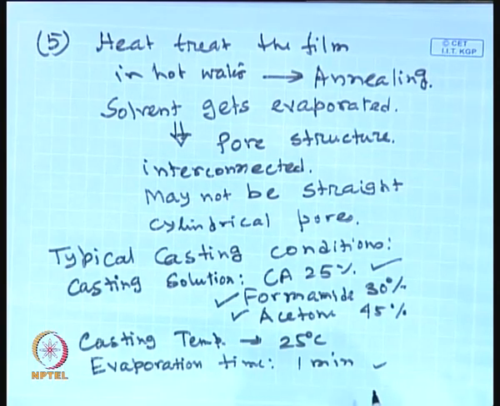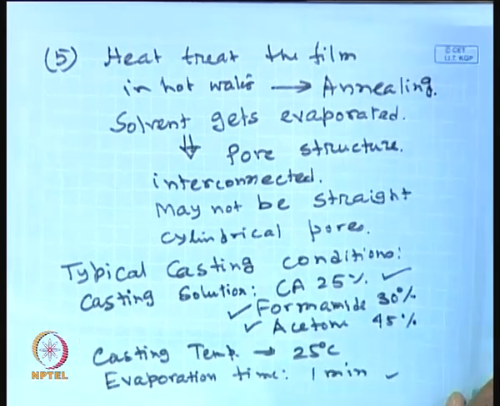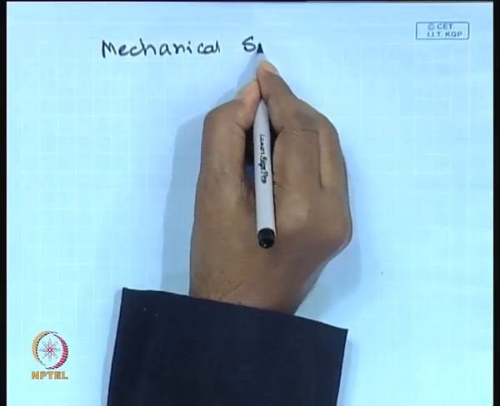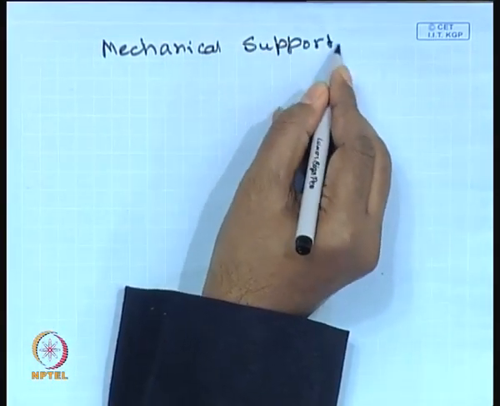Now, this is a typical procedure and typical casting conditions for casting a membrane film, but there is a problem in it. The membrane film that you produce by this method is very fragile. So, there should be some mechanical support given to this film. What is generally done?